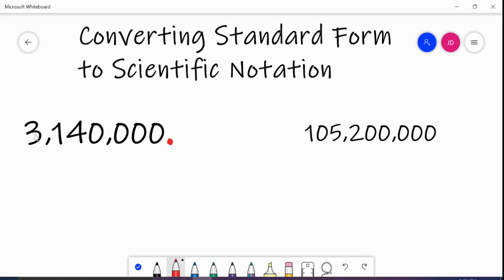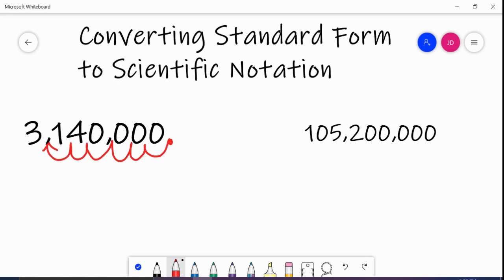I put in a little arrowhead right there because this is how far my decimal point has to move to this spot. Then I count the number of decimal spots it moves by drawing little hops. So I have 1, 2, 3, 4, 5, 6.